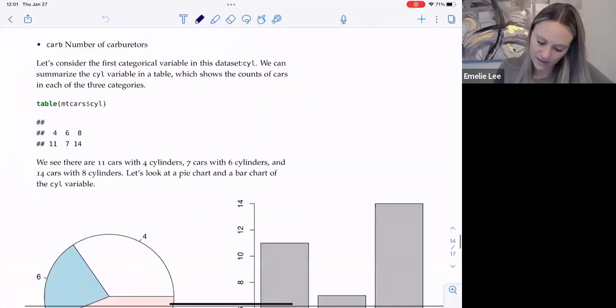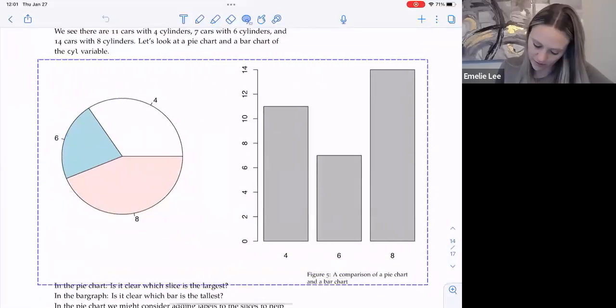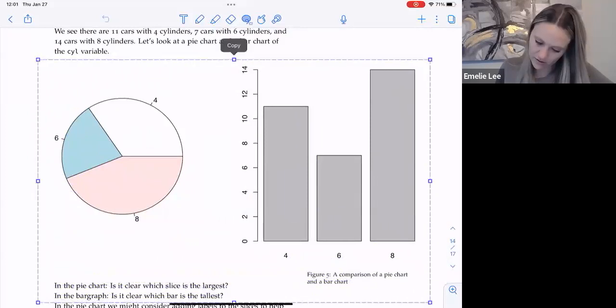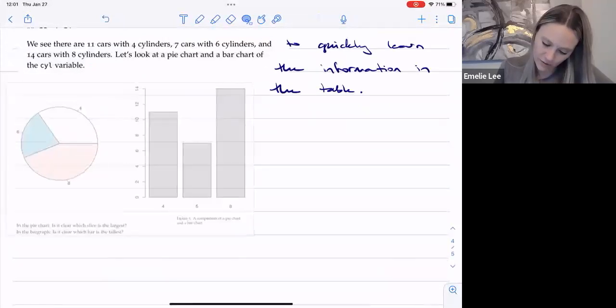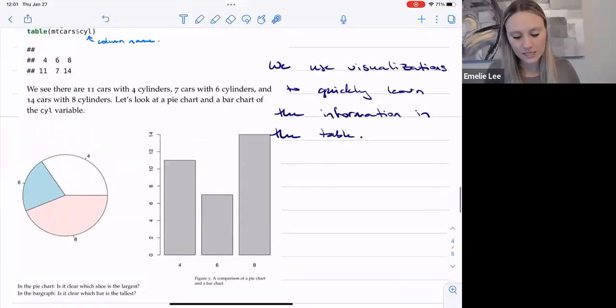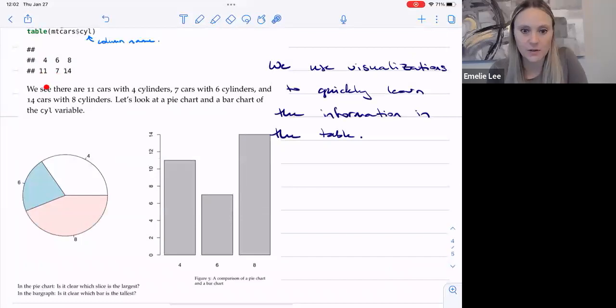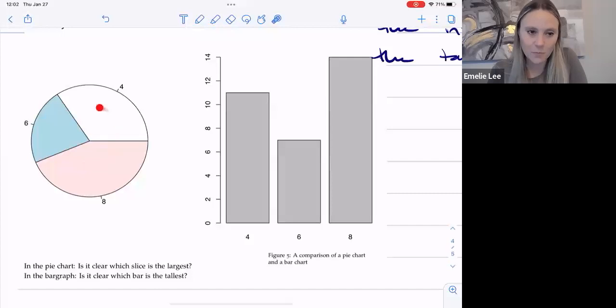Okay, and so we've got this, we can make a pie chart or we can make a bar chart. And this is where I go on kind of a rant and say, okay, even if we didn't have these exact values, the counts, 11, 7, and 14, if I just asked you to look at just the pie chart and tell me as quickly as you can, which slice is the biggest, okay?